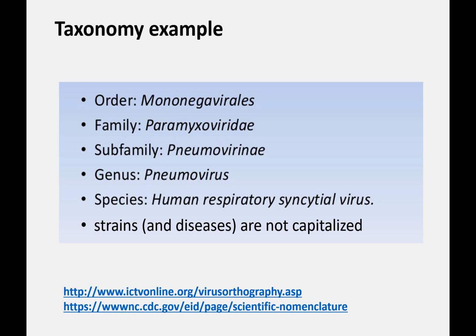We're not really going to worry about this, but I wanted to give you an example, have you understand. So, human respiratory syncytial virus. You'll see it represented as, I can't even do initials, HRSV.